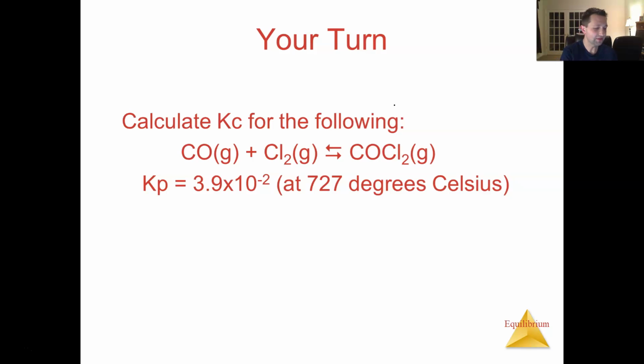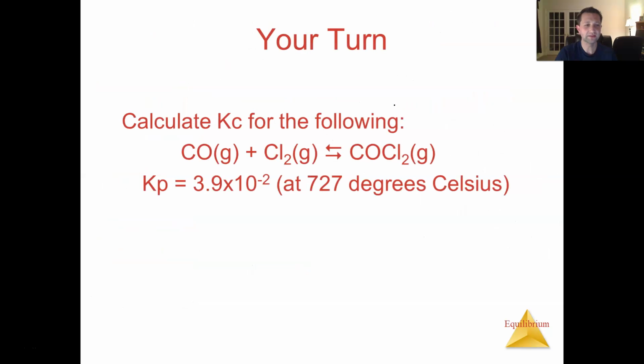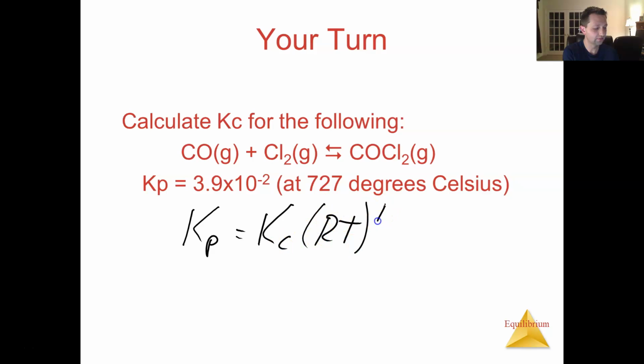Okay, same process. Right, we have Kp as Kc RT to the delta N. So write it out. In this case, we have our Kp value already. We want to solve for Kc. I know what R is.